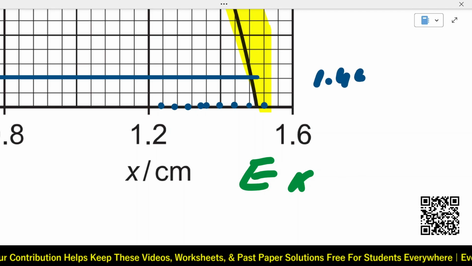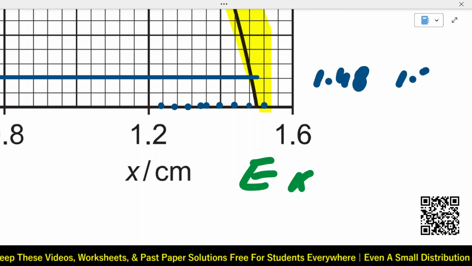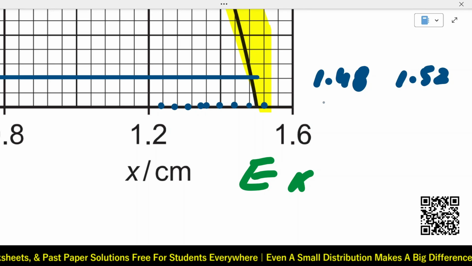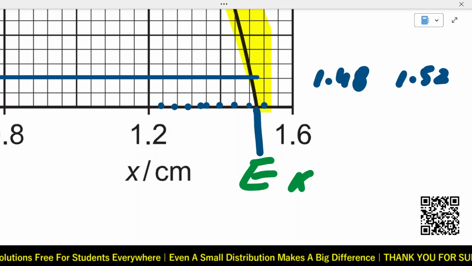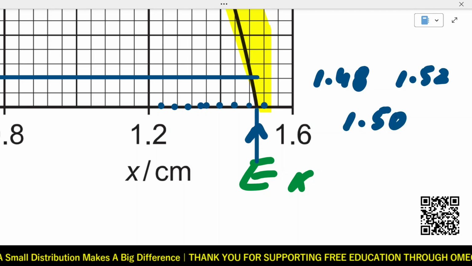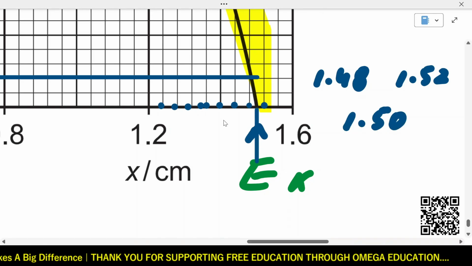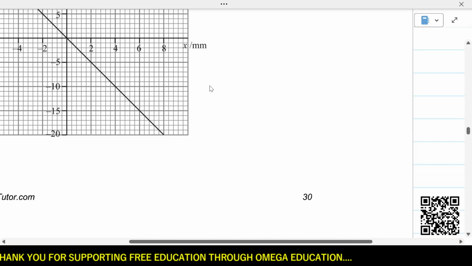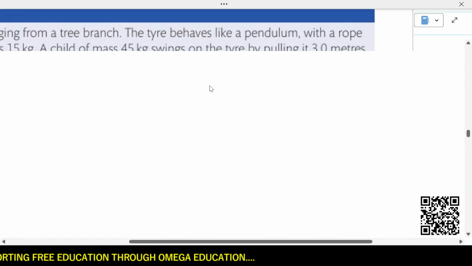So 1.48 and 1.52, and this one is exactly in the middle of these two. So how much would it be? 1.50. Absolutely.